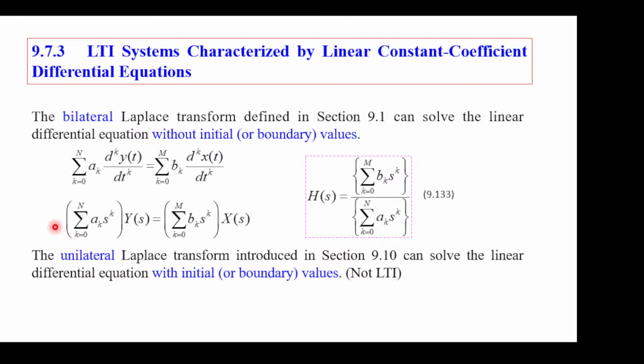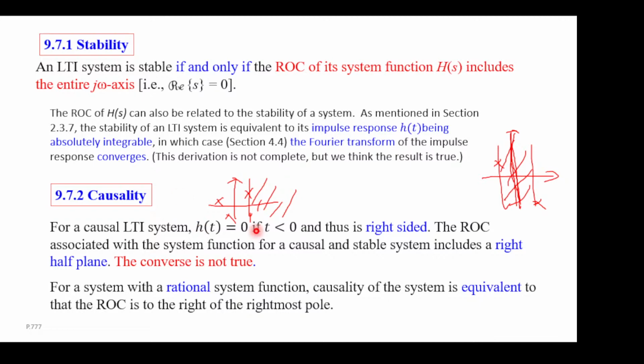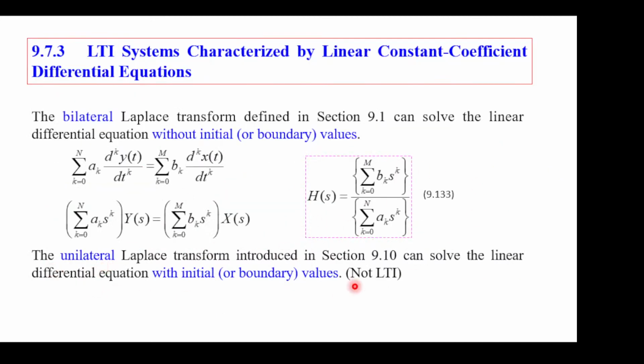So remember, before we usually solved the differential equation with the initial rest condition, which corresponds to the system being causal and LTI. But you can also have your differential equation given with some initial values. So you just say like y of 0 equals something, and y prime of 0 equals something.